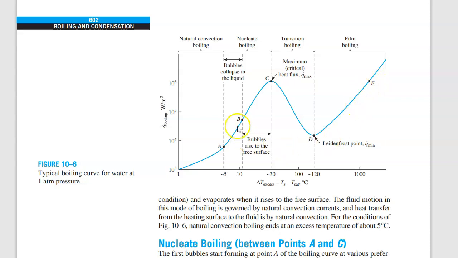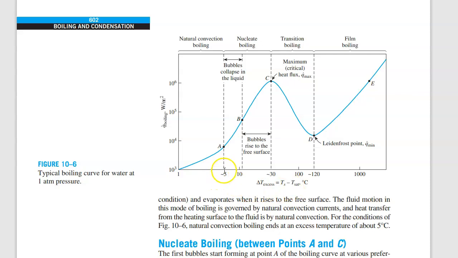This all depends on the ΔT axis, which is Ts minus T saturated. T surface means the surface of the kettle, the surface of the equipment that you have, and T saturated means the temperature of the water.